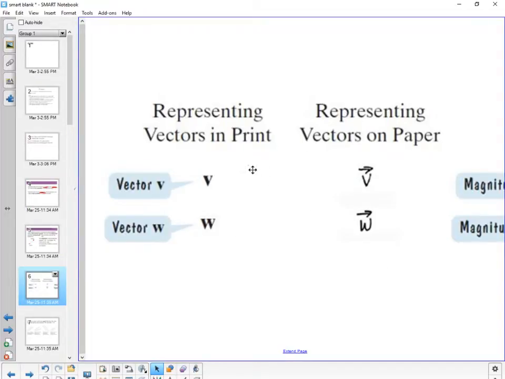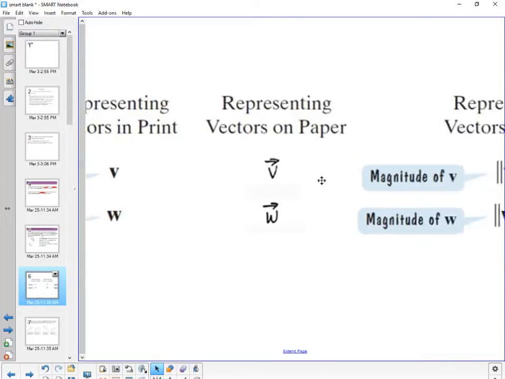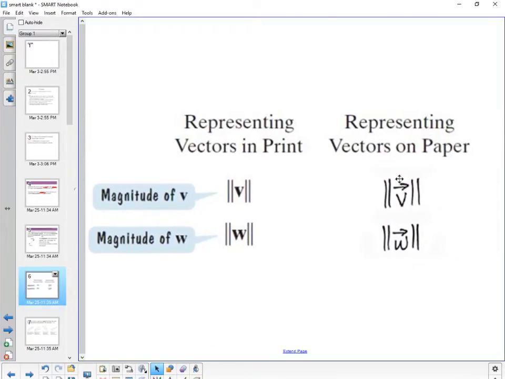So, vectors. Here's how we're going to write a vector. We're going to print it out using your LaTeX. But if you're doing it by hand, make sure that you do that with a little ray looking thing on top. That's for your vector. Let's talk about magnitude. Magnitude, you're going to add the double bars there. This is magnitude.